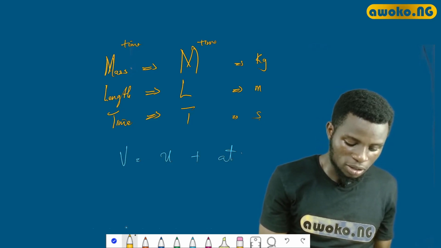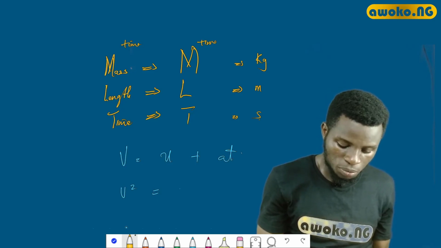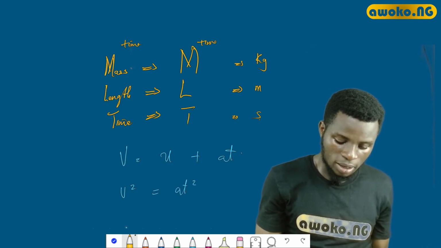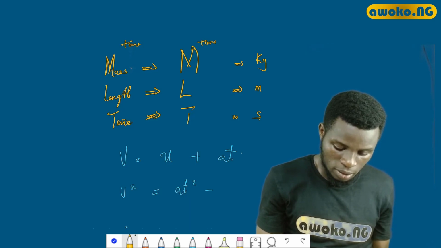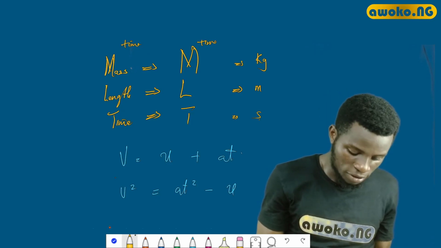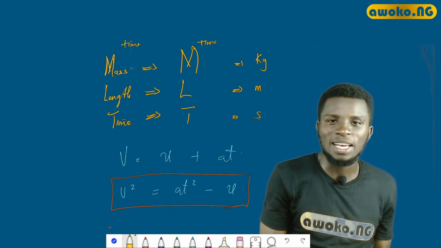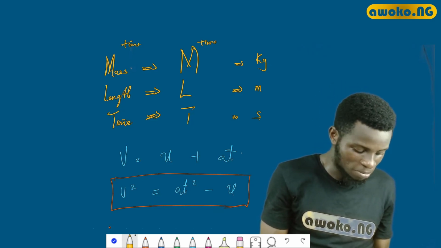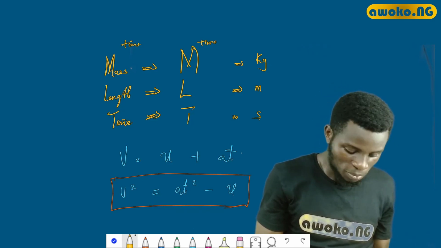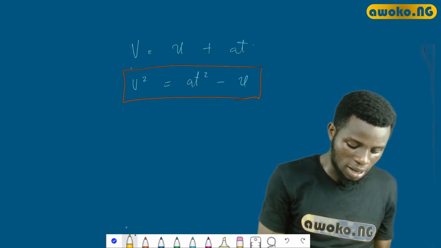The equation is V squared equals AT squared minus U. Check if you can use dimensional analysis to confirm the exactness of this equation. So that is the first application of dimensional analysis.